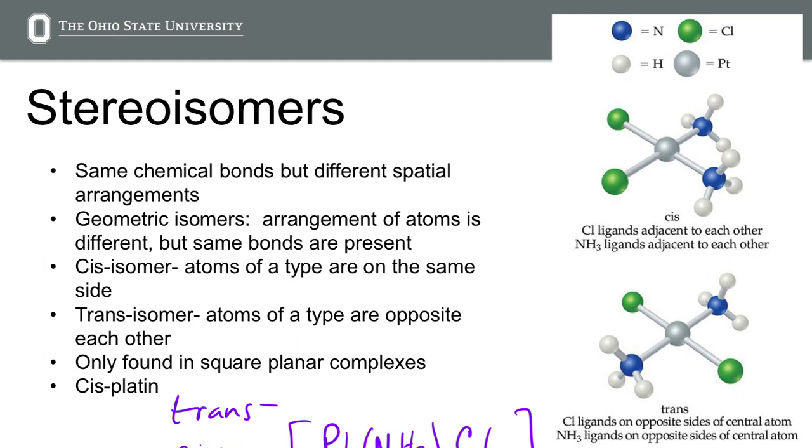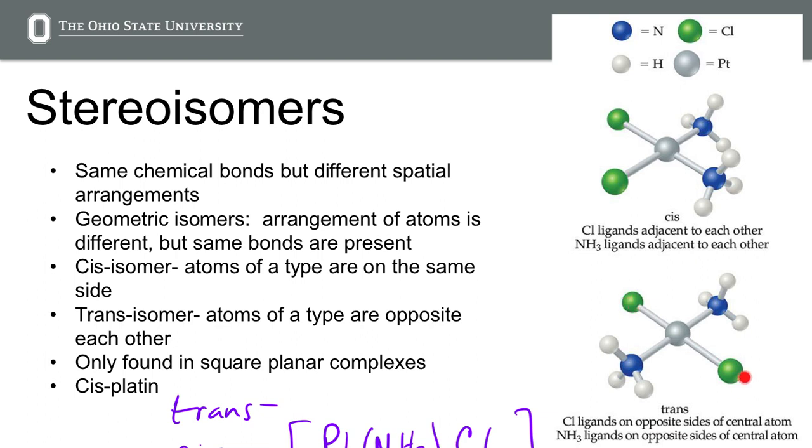So cisplatin, which is this stereoisomer, 2 chlorines on one side, 2 ammonia on the other, central platinum atom. This is a chemotherapeutic agent. If you take one of the ammonia and one of the chlorine and switch their position, and now we have, this is a square planar complex, right?